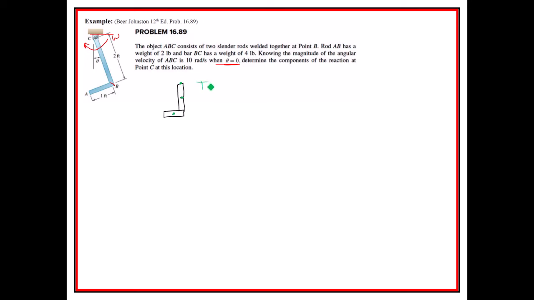So we want to find IC, and we do that by combining IAB about its centroid and moving AB from this spot right here and moving it up this distance right there, which I decided to call dABC.